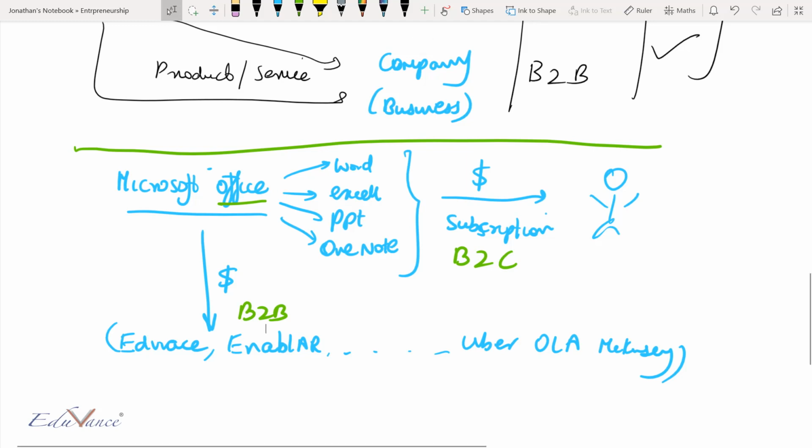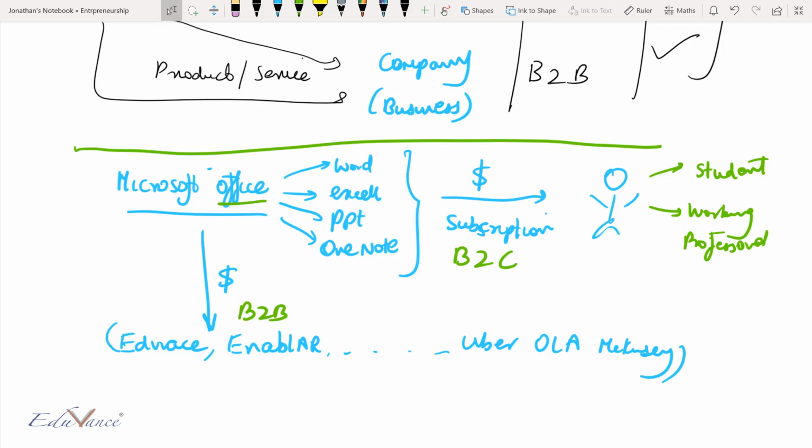Now, let us look at the different types of customers that Microsoft Office can target. So as a student, you can use Microsoft Office. As a working professional, you can use Microsoft Office.